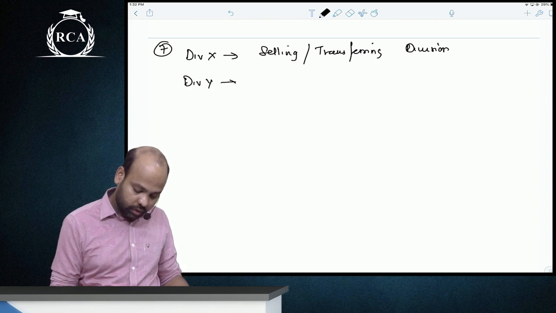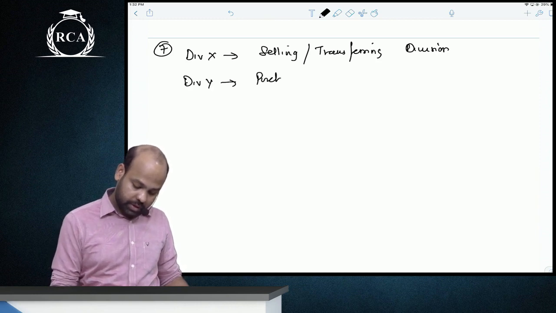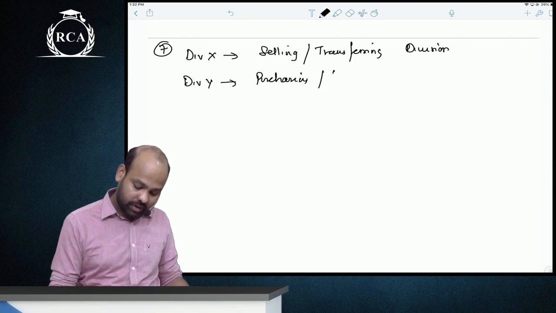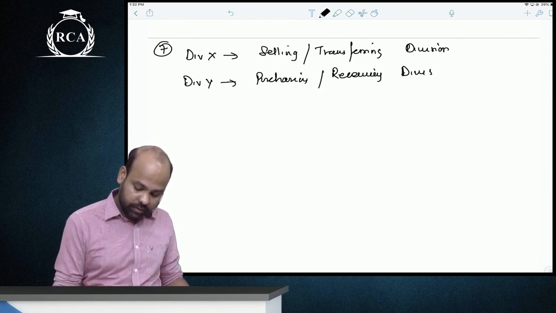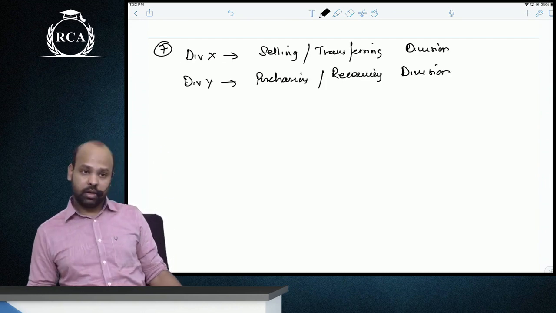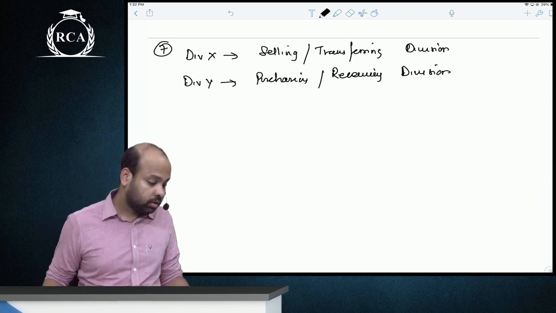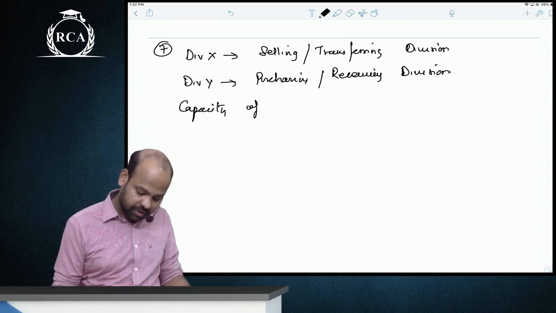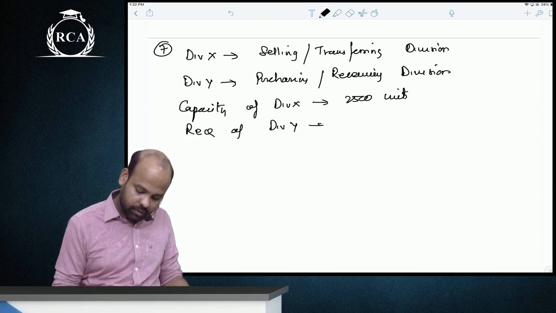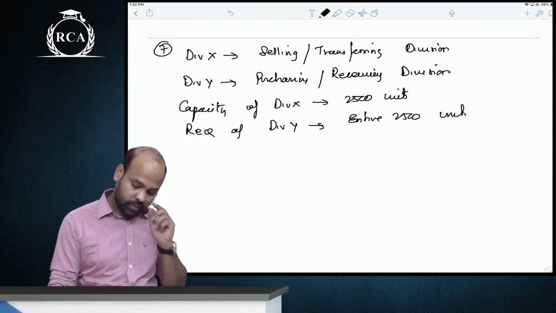Division Y is your purchasing or the receiving division, right sir? Right. Capacity of Division X, beta, is 2500 units. Requirement of Division Y, beta, is entire 2500 units.